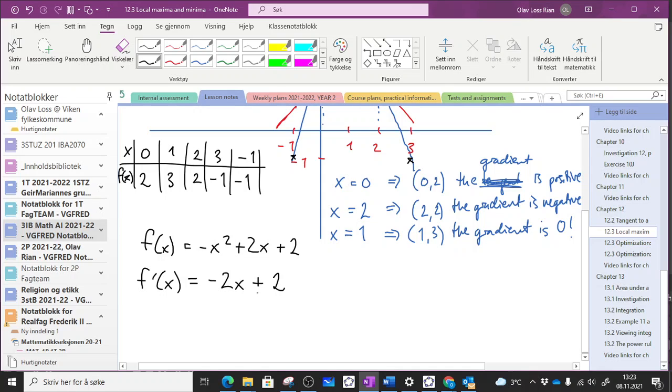So this is the gradient function, and we set the gradient function equal to 0. Minus 2x plus 2 is equal to 0. Okay, we subtract 2 from each side. So we get minus 2x equals minus 2. We can then divide by minus 2 on each side.